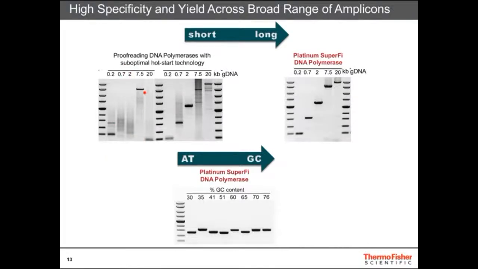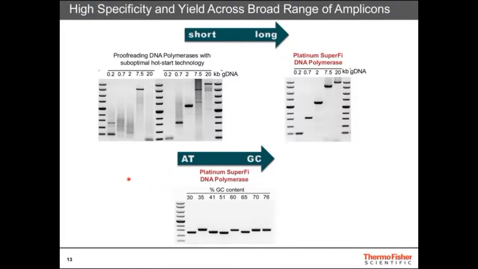You can see that you are getting a lot of non-specific amplification and smearing, so the proofreading activity and the hot start capability of these enzymes is suboptimal. We did the same experiment using genomic DNA with Platinum SuperFi, and you can see at each size range of amplification, we're getting a very clean PCR product.